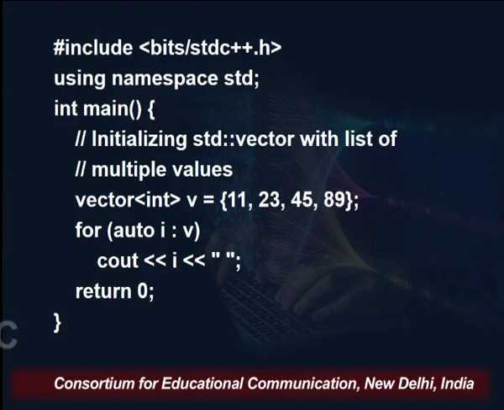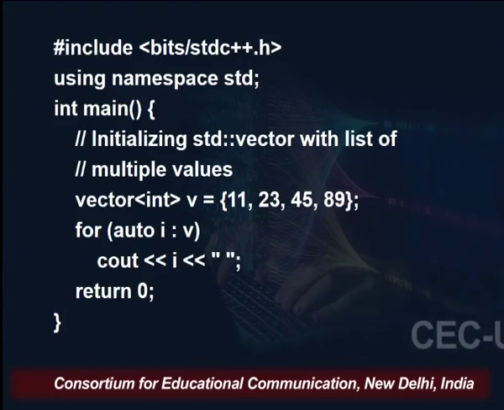Now something worth noticing is given after this. So vector<int> v = {11, 23, 45, 89} is the way through which we have used our initializer list, and more specifically we can say we have created a vector v of 4 elements, and the values are given with the help of initializer list.